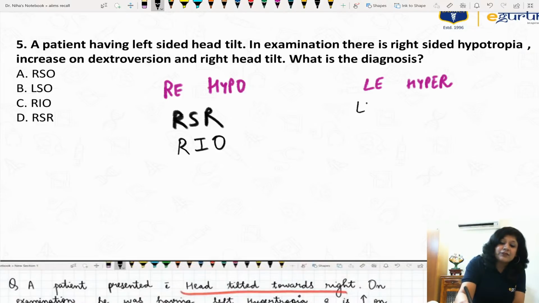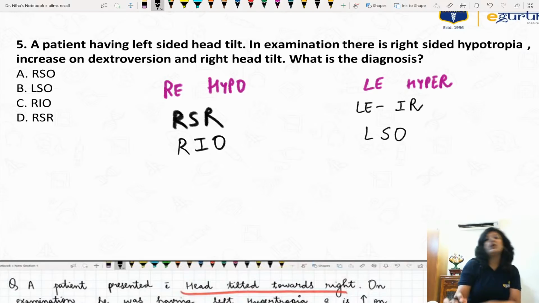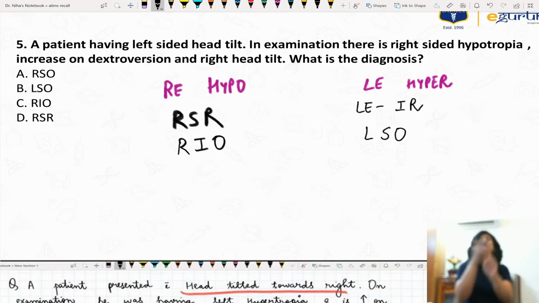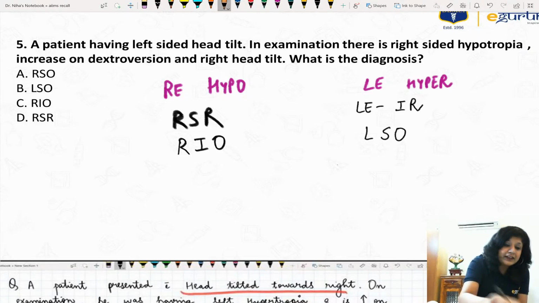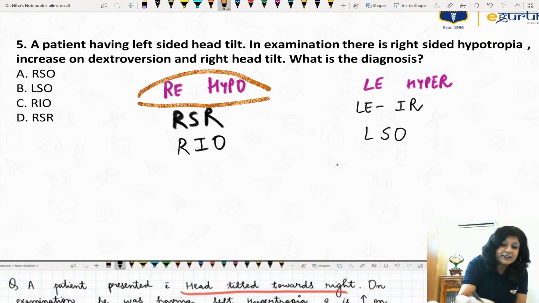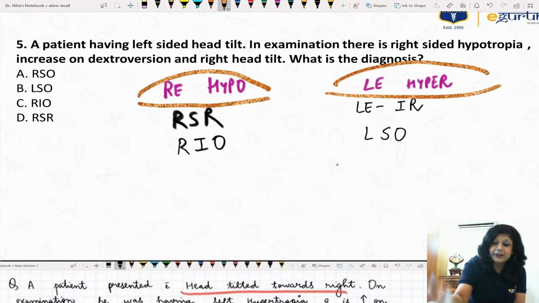So I can have the left eye inferior rectus, or I can have left superior oblique. So I think this is the first step. First you have to see which eye hypertropia, which eye hypotropia, number one. Now what was the second step? You have to see it is increasing in which gaze. So let us try to make the eyes, right? This is how I told you.